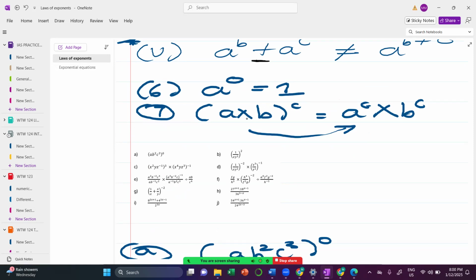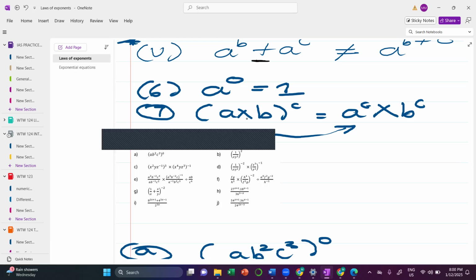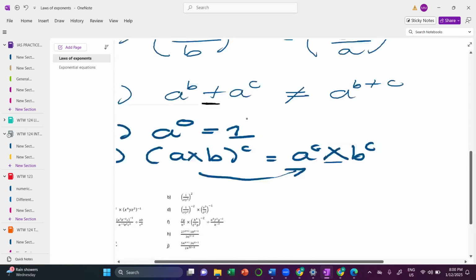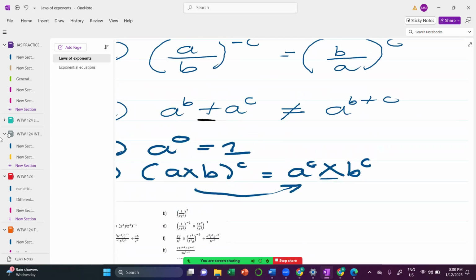Multiplication. With multiplication, we had two different bases multiplying each other, all raised to the same exponent. So what did we do? We gave each base the same exponent, and we still kept the operation, which was multiplication. So now we managed to destroy these brackets by giving these bases the same exponent.